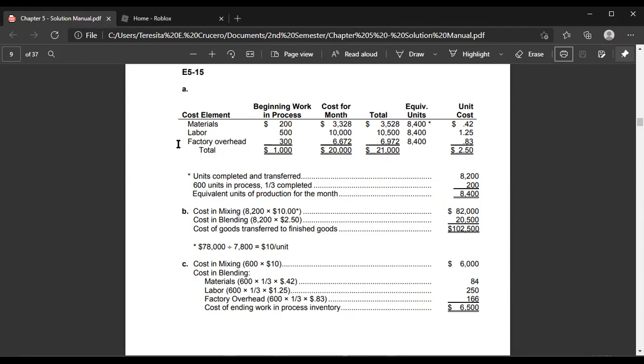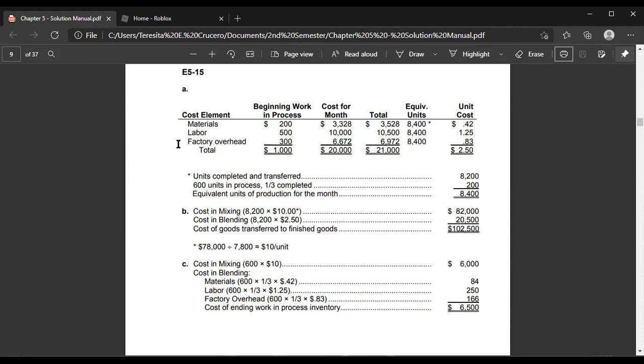So take note that during the period, 7,800 units we received from the mixing. But you have your ending inventory equal to 600 units. But take note that you had a beginning inventory in the blending equal to 1,000 units. It's understood that these 1,000 units, which are now in the blending department, originally came from the mixing.